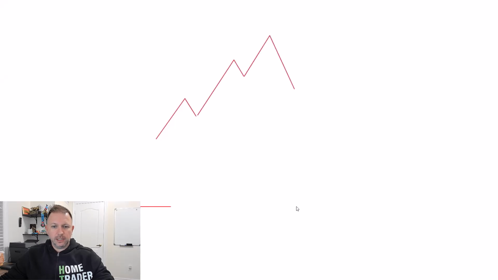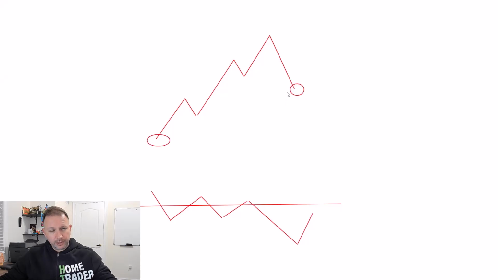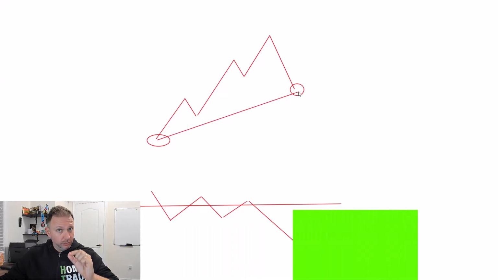Okay, so the way it looks is basically, if we take a price and we take an indicator, on the price you define a trend. Uptrend, when you have a sequence of highs and lows going up. In that case, you will want to see higher lows on the price.